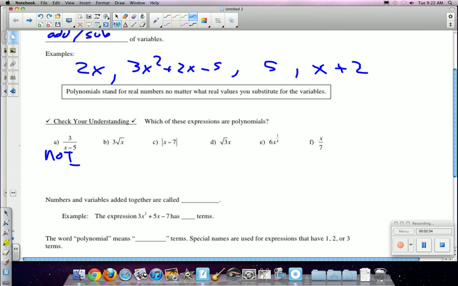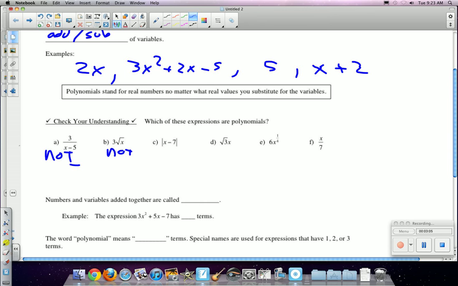No. So this is not a polynomial, but what types of numbers can you not take a square root of and stay within real numbers? Negative numbers, right? If you take a square root of a negative number, it moves outside of the real number system into the imaginary numbers. So this is not a polynomial either.